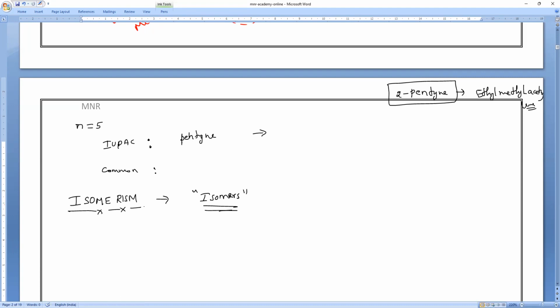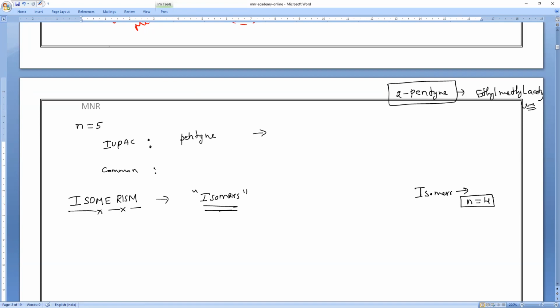And this phenomenon is called isomerism. So what is this isomerism and what are these isomers? Let us discuss. Keep in mind, isomers basically have the same chemical formula but different structures, more than one structure. We can only see this from n equals 4.